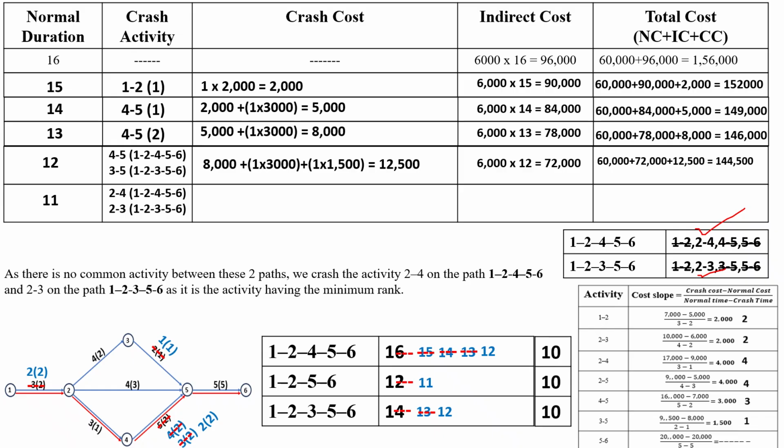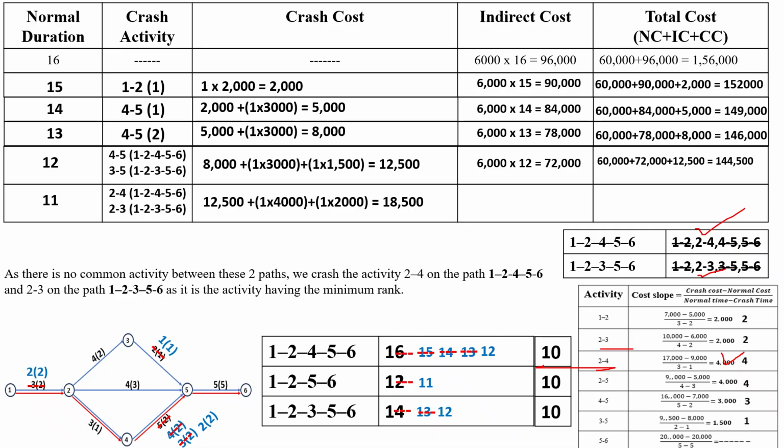So now crashing cost. Previous crashing cost is 12,500 plus crashing cost of the activity 2 to 4, that is 1 day into its cost slope, which for 2 to 4 is 4,000. So 1 into 4,000 plus 1 into 2 to 3.